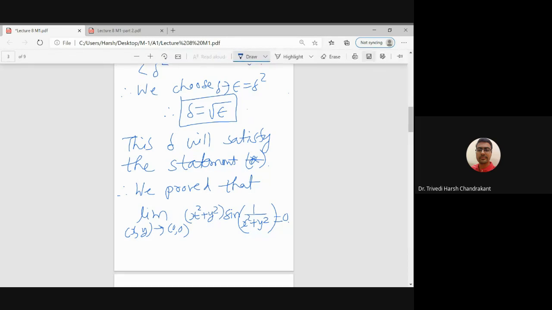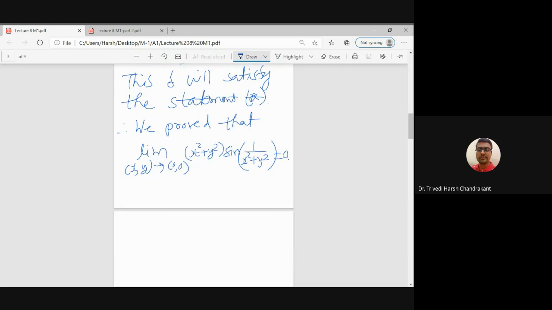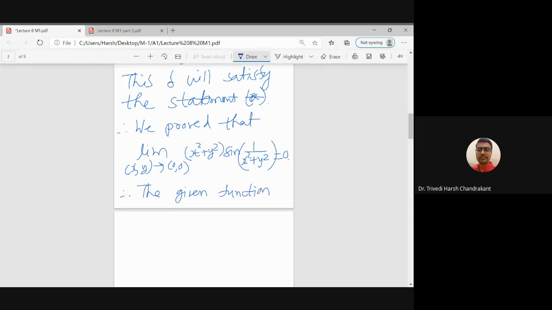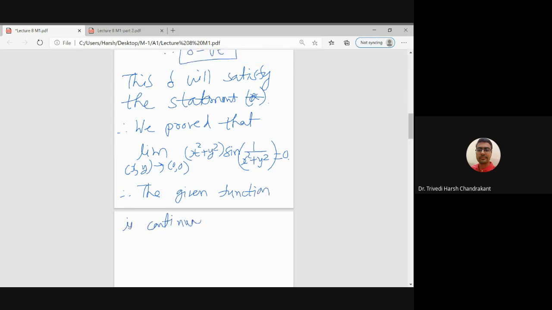Right. So this is just an example which we have taken, and therefore the given function is continuous at the origin.